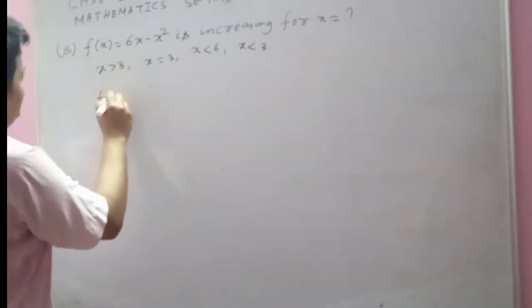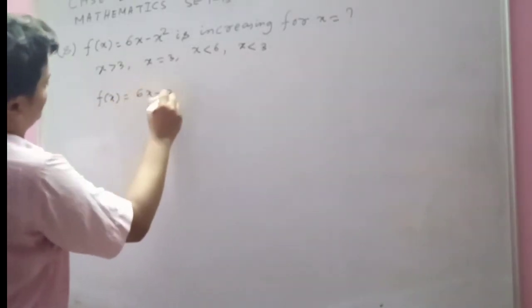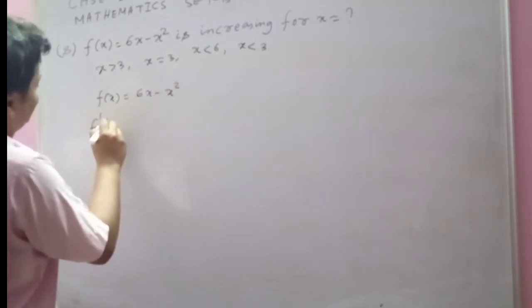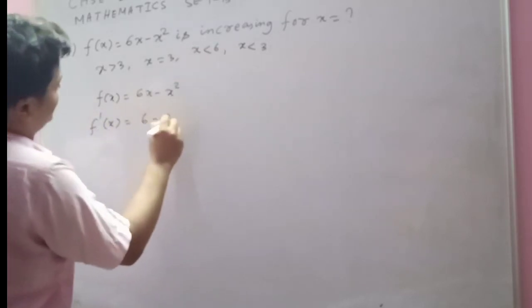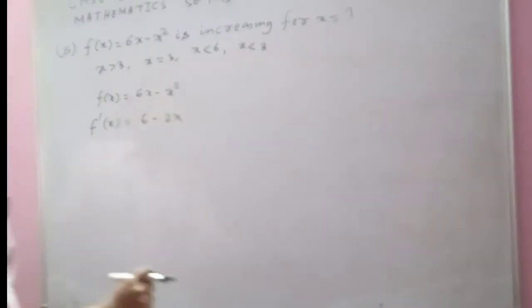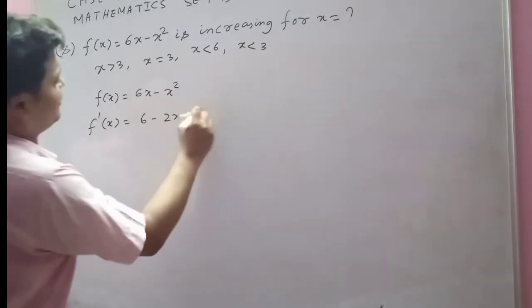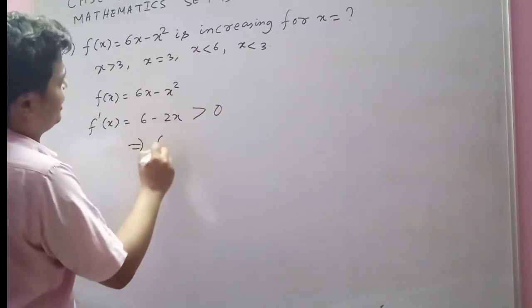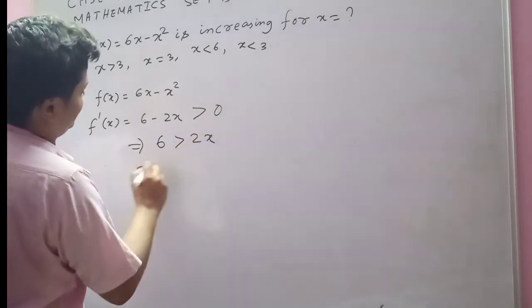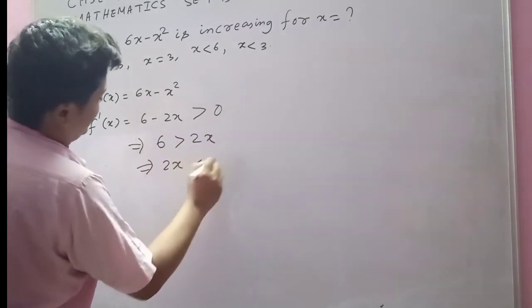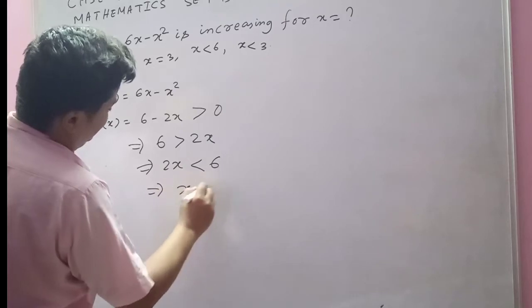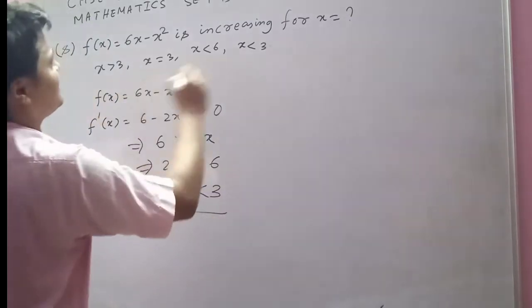F of x equal to 6x minus x square. F dash x becomes equal to 6 minus 2x. For the function to be increasing, f dash of x must be greater than 0. So you get 6 greater than 2x, or 2x less than 6, that would imply x less than 3.